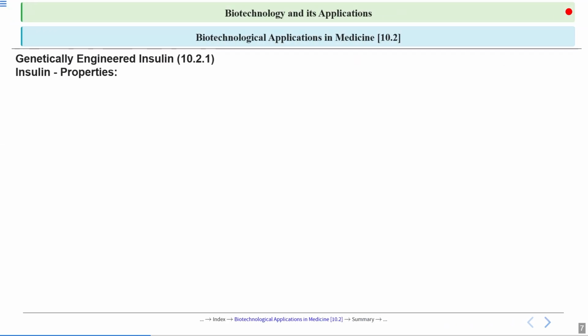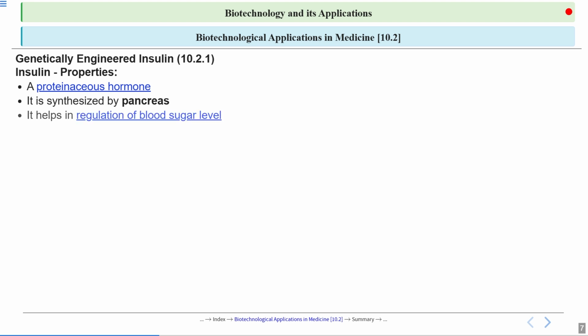From now onwards we will study what genetically engineered insulin is. Before that, we should know the properties of insulin. Insulin is a proteinaceous hormone, a hormone which is made up of protein. It is synthesized by the pancreas.